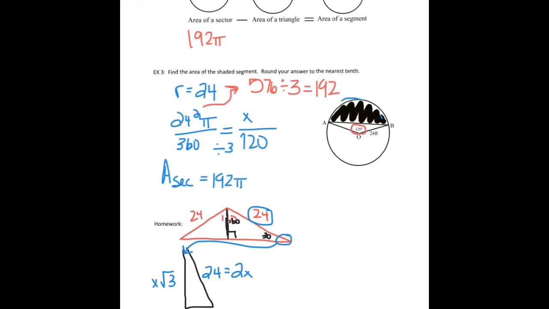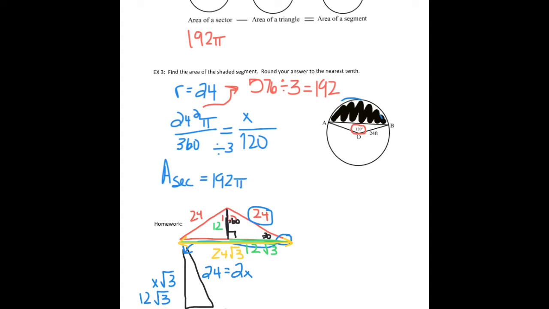So if 24 is equal to 2x, that means x equals 12, and that means that x root 3 is actually 12 root 3. Now let's look at all of those measurements. Let's put them inside of here. So x is 12, and this is 12 root 3. Which means that this whole thing, this entire piece, is 24 root 3.